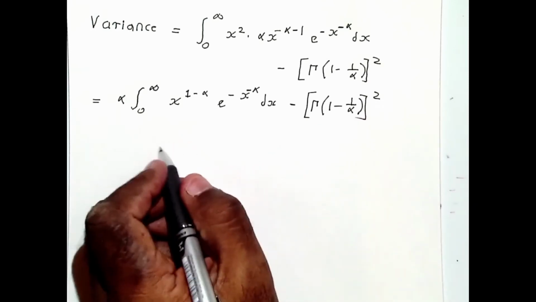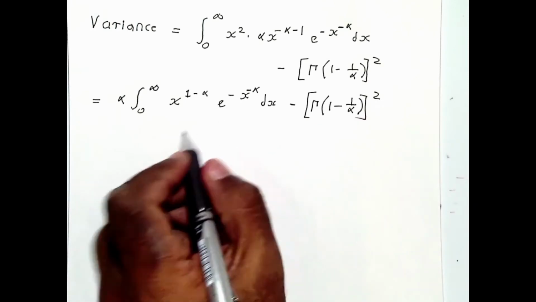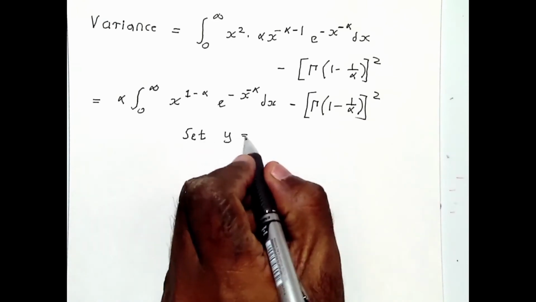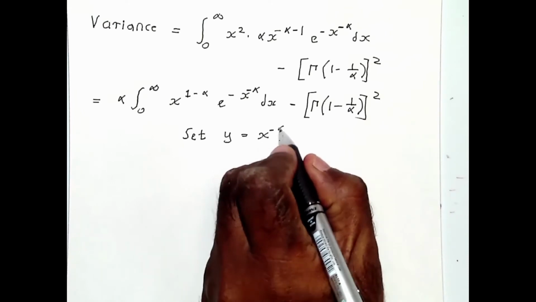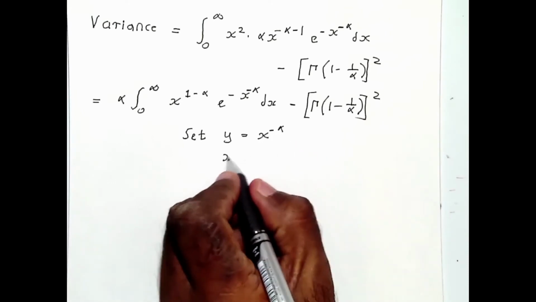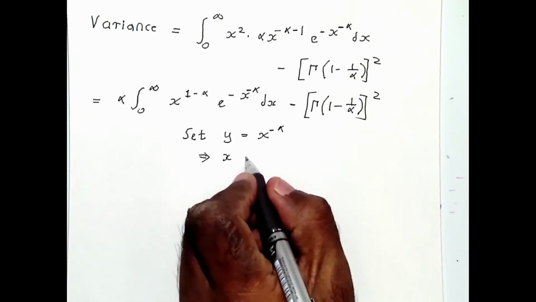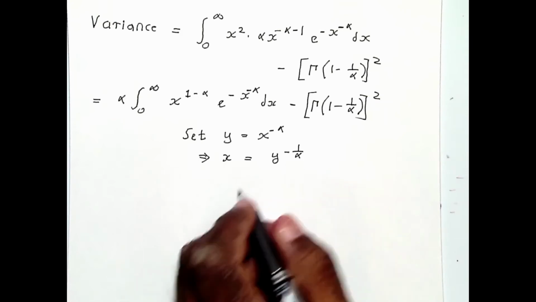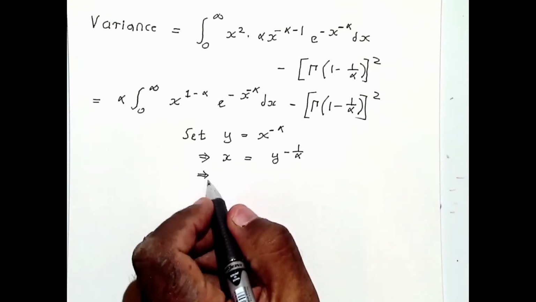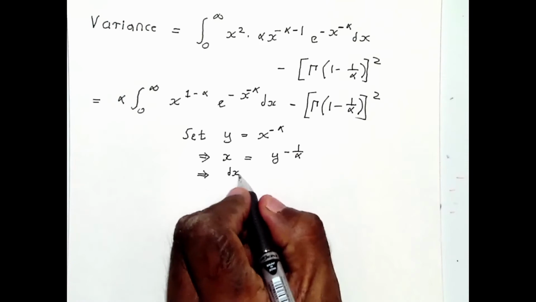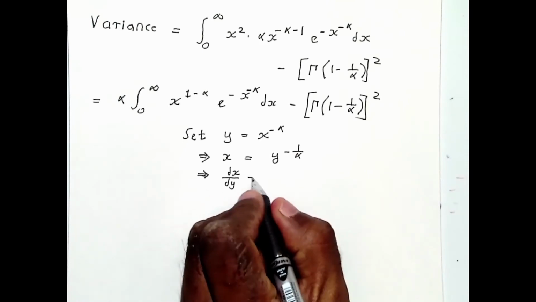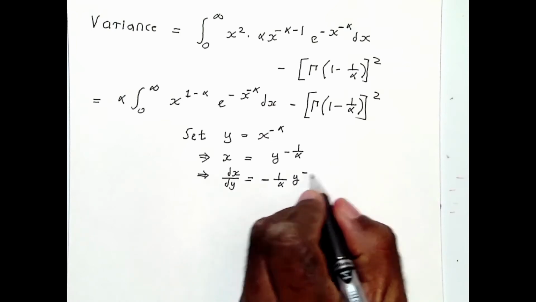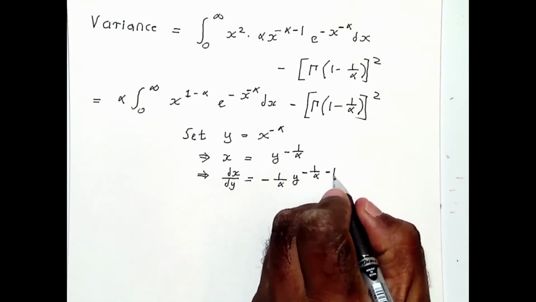Now I'm going to make a substitution. In this case, an obvious substitution is to set y equal to this. So x will be equal to y power minus 1 over alpha, and dx by dy will be this.